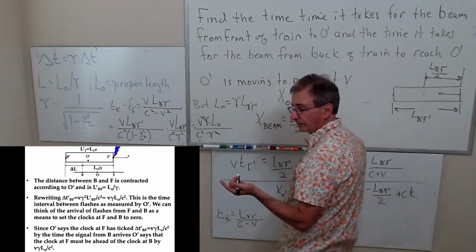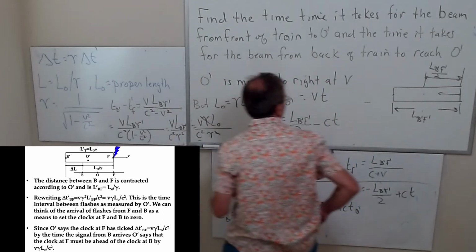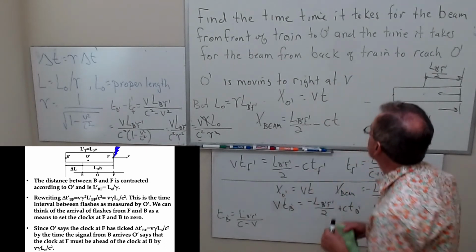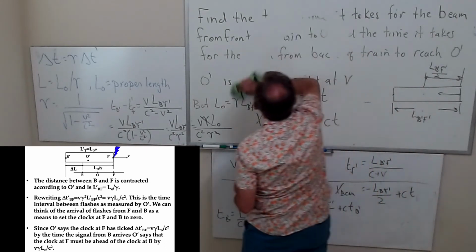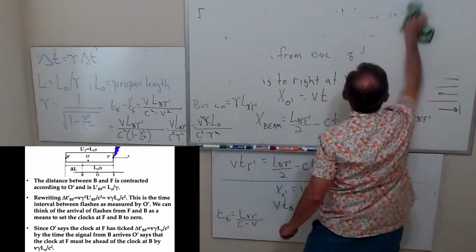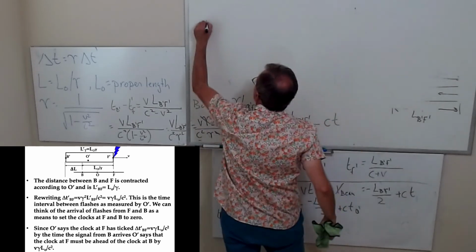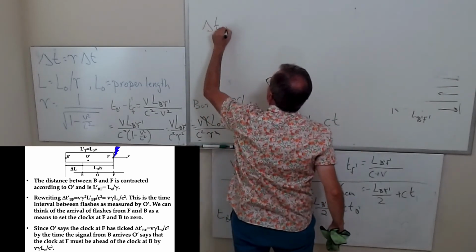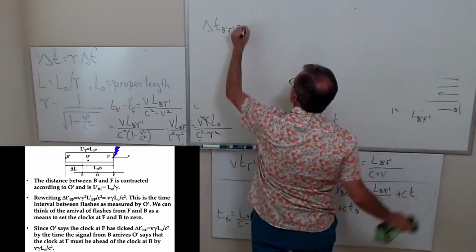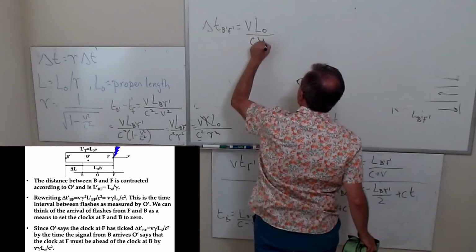And so the time delay that the O prime measures, sorry, I run out of space here. I'm going to have to erase this. The time delay that she measures, doesn't matter, is going to be V L naught over C squared times gamma.